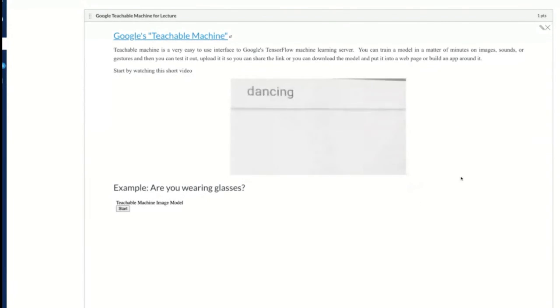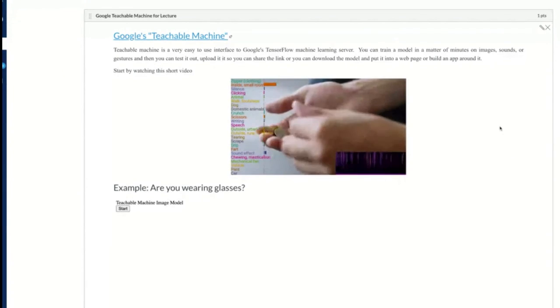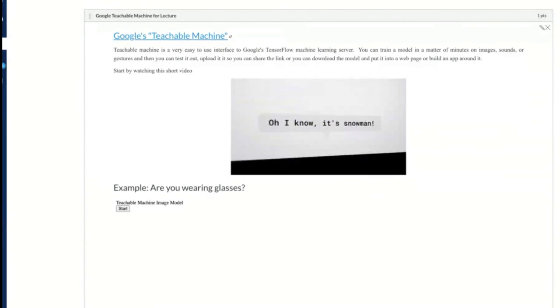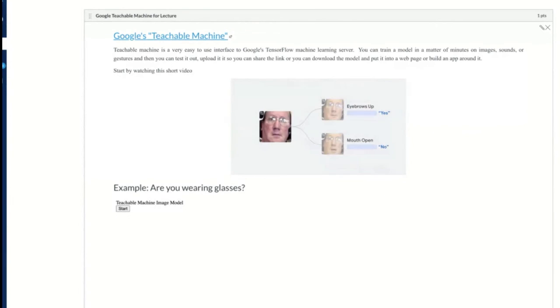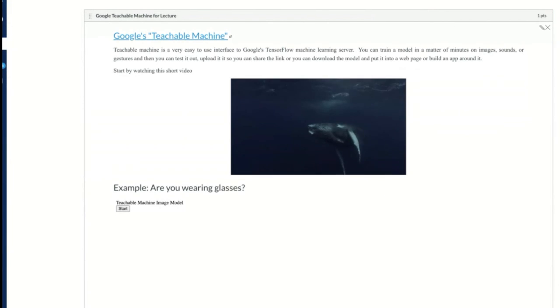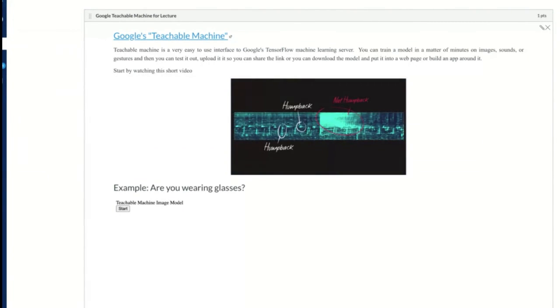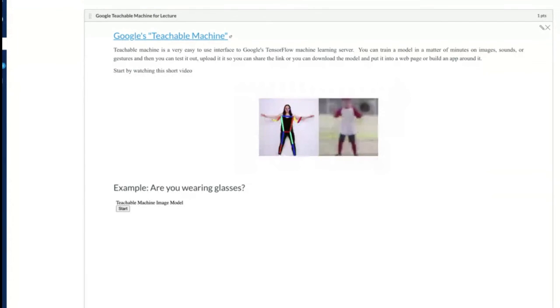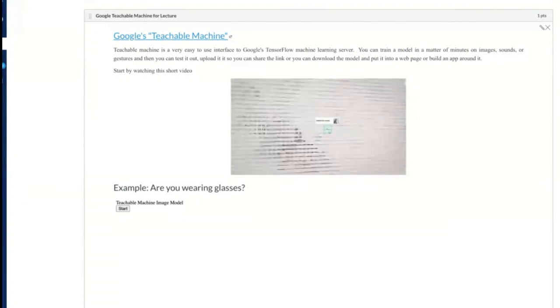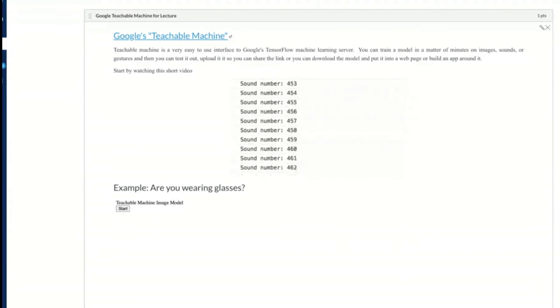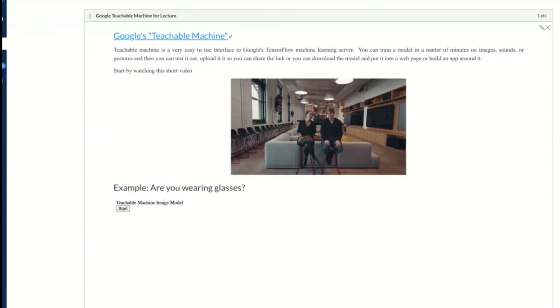People are training computers and creating machine learning models to explore all kinds of new ideas. New ways to interact. To understand the world. To play. And experiment. But machine learning is pretty intimidating to get into. So we've been wondering, what if it wasn't?